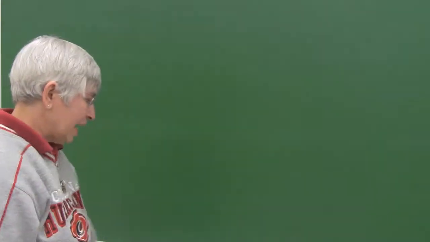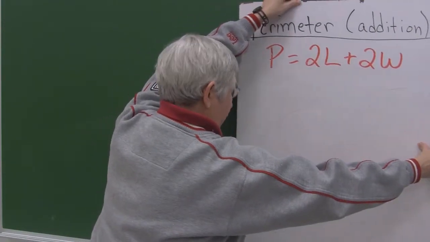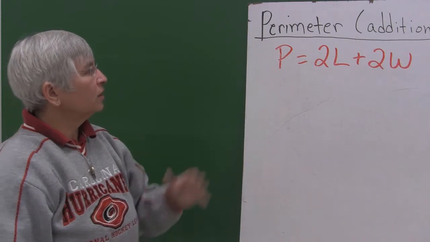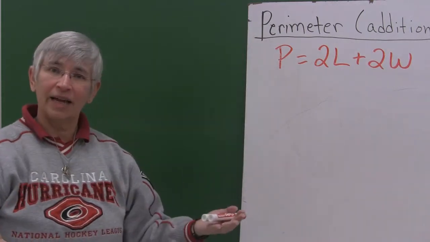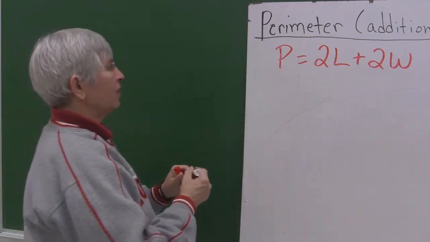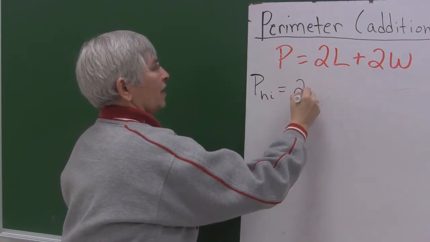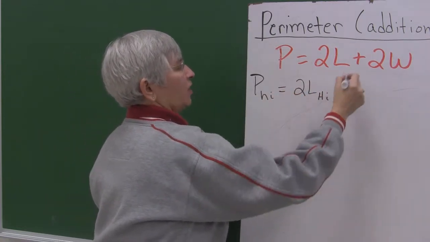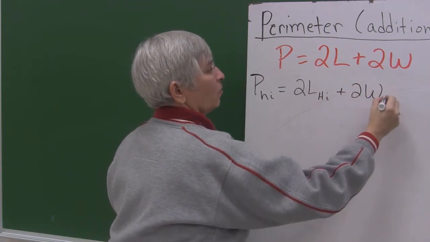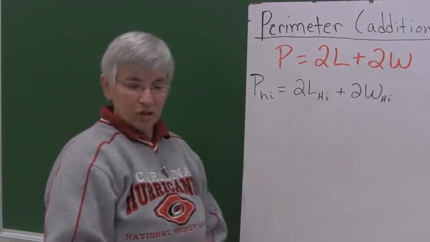So more happens than just simple constants. If I wanted to find the perimeter of my piece of paper, I could write my mathematical equation as 2L plus 2W, and I could calculate the perimeter. In this case, if I wanted to find the biggest value for the perimeter, I would find out what the highest value is for my length and my highest value for my width by looking at my ranges, and add those two together.